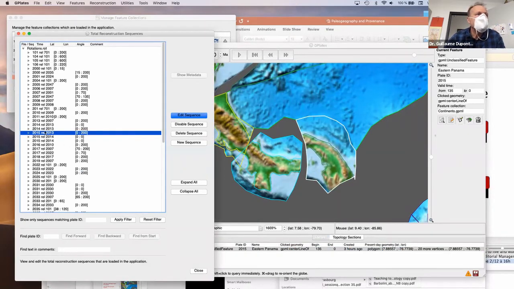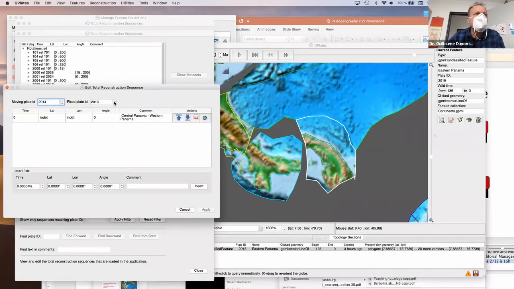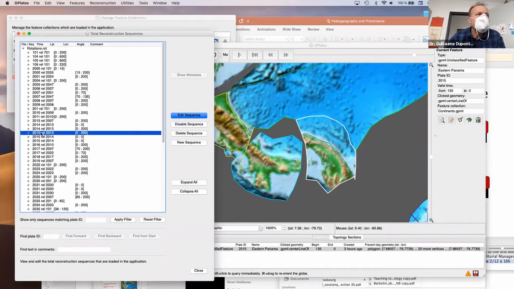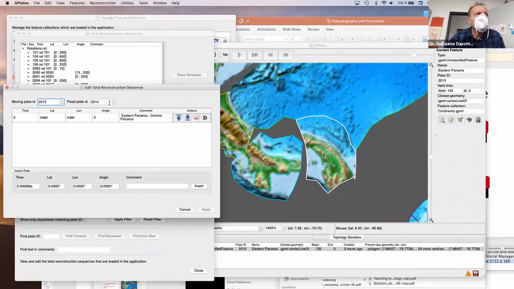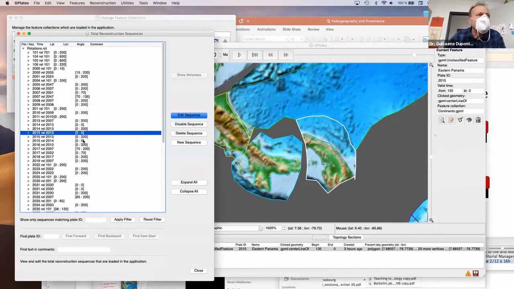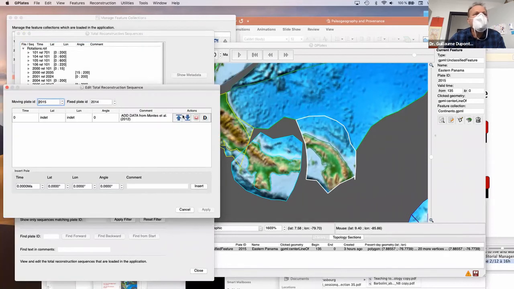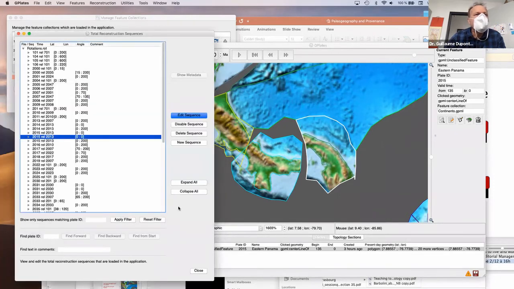I think it's because here I still have a reference to 2014 on these, and that should be 2013. I'm not sure actually, but I think that's the problem. Yeah, I had the same problem where it wouldn't move. Well, I hope this is it. Let's hope.